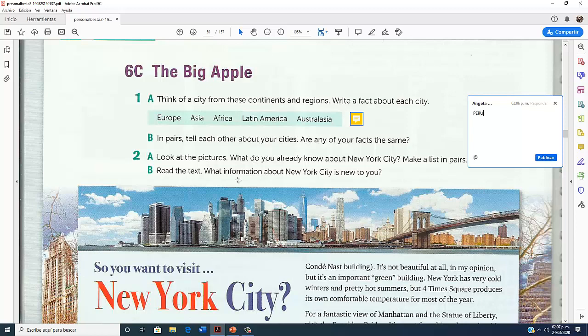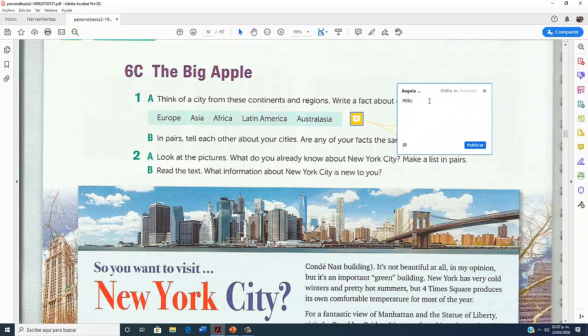Let's say Peru, yeah, our country. Okay, so we have to write a fact, some real information about this place. So we can say, for example, Peru has a lot of tourist attractions.